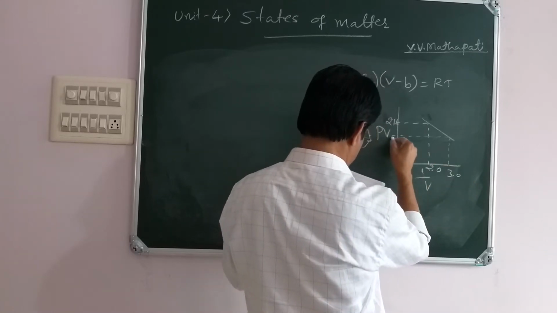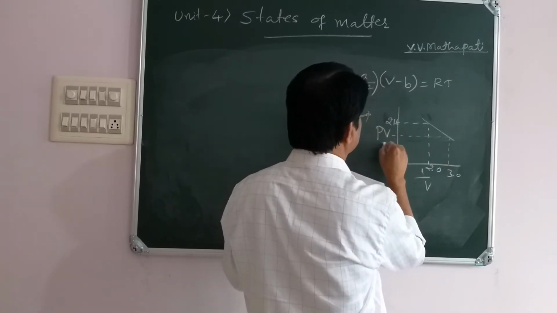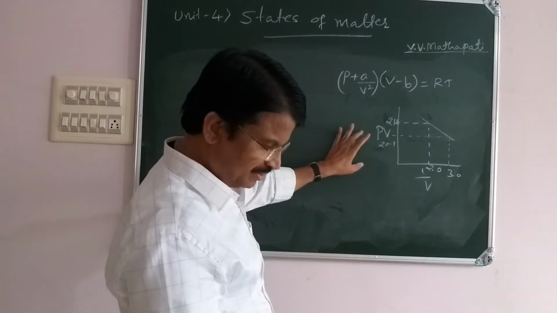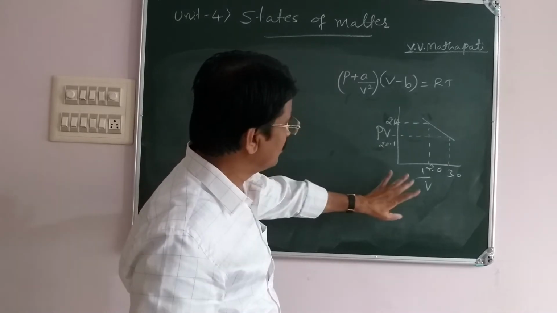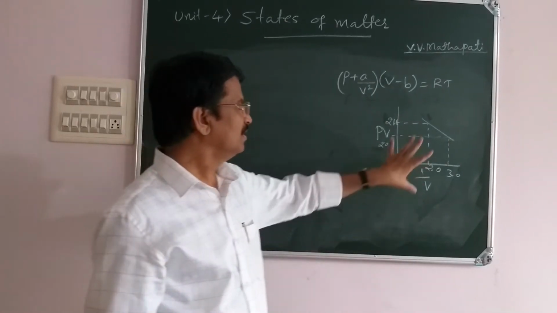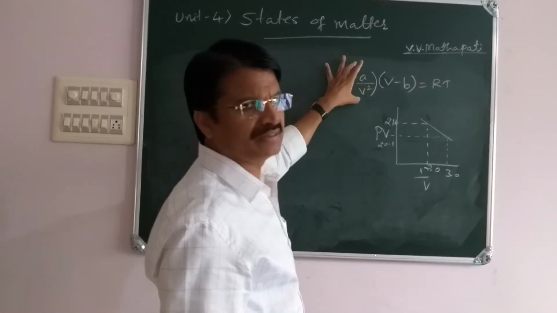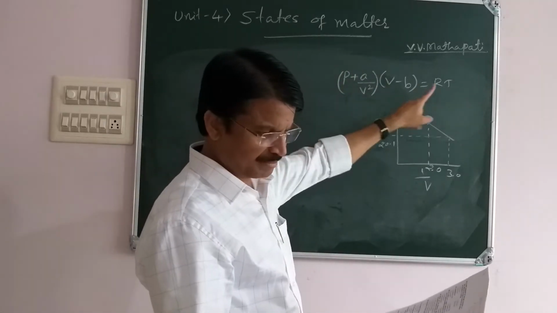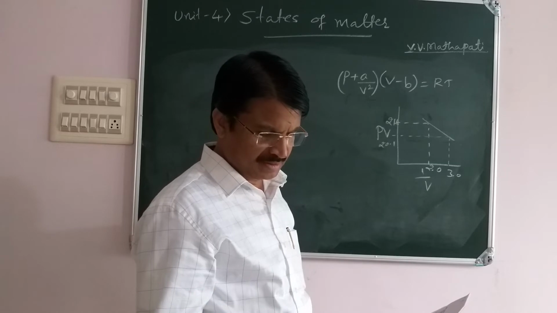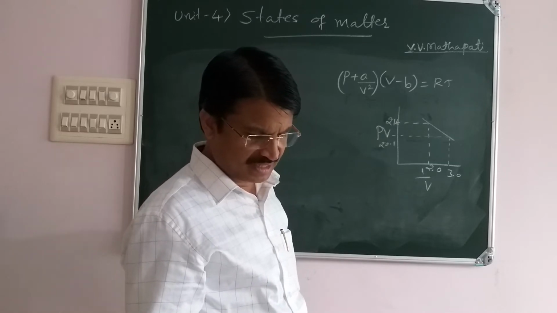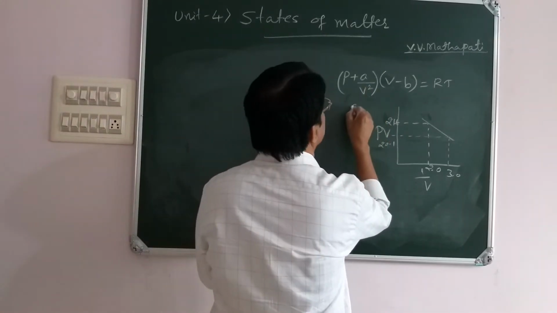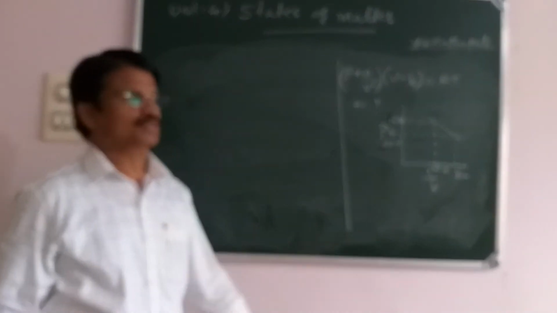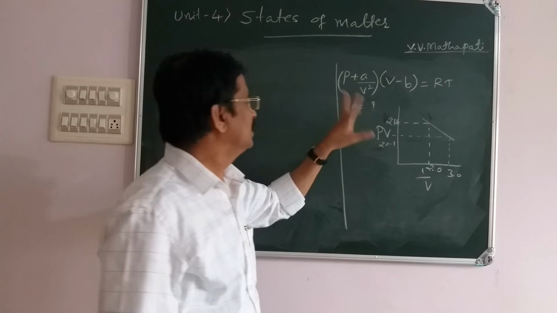Yes, the PV versus 1 by V graph is given, and they give the hint of the van der Waals equation, B value 0 and temperature given. The value of the van der Waals constant A is? Using this hint, now calculate the A value.